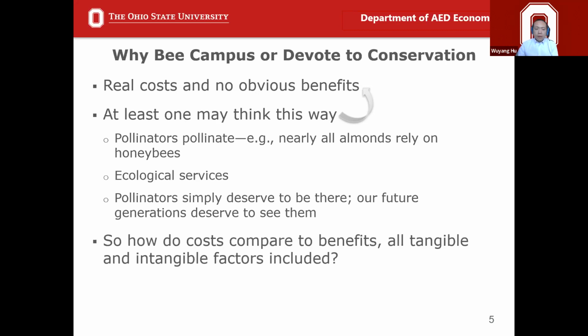So as an economist, we want to consider the costs and benefits, not only the tangible ones, but also the intangible ones. And in the economic discipline, we call the third point here an option value, or a future option value. So these are all the tangible and intangible sides of the benefits.